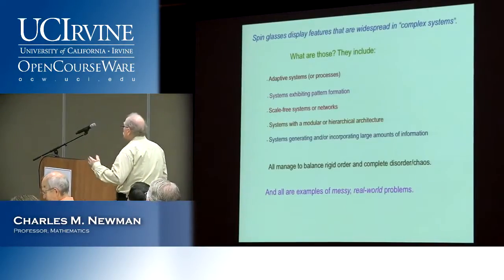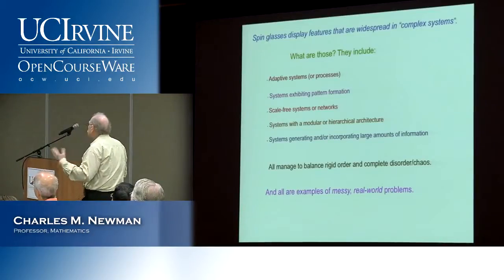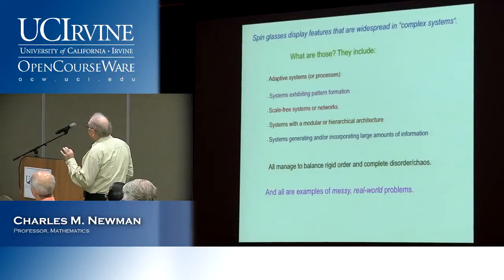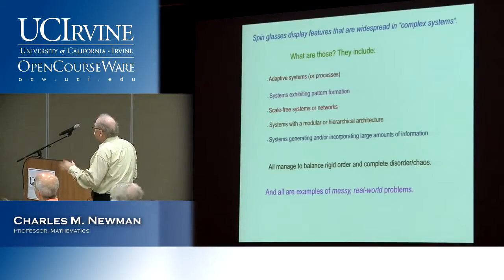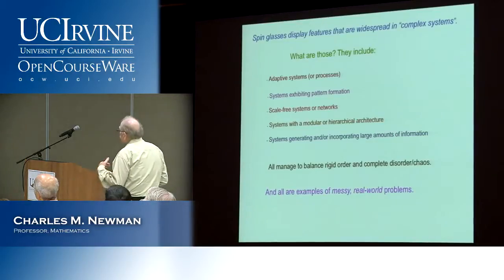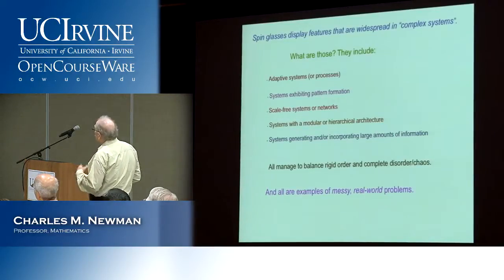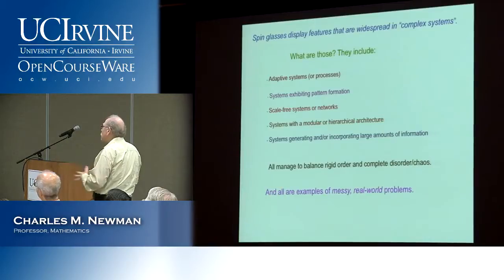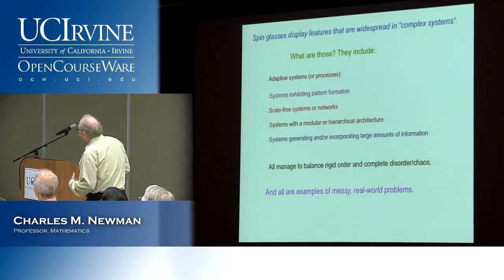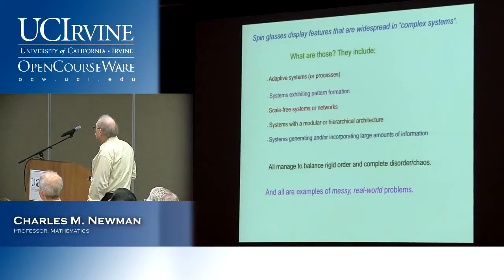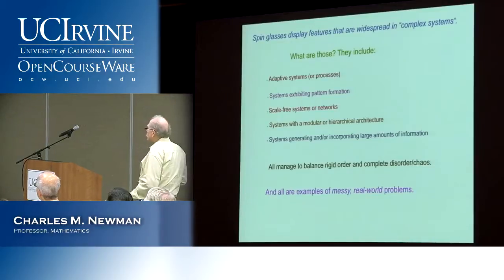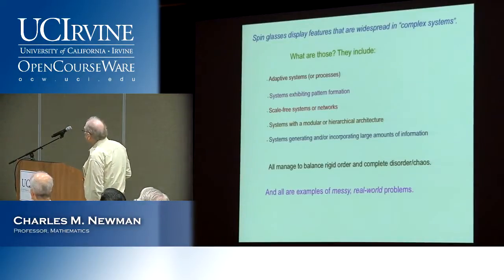So the story that I'm trying to present is that spin glasses display features which are widespread in various kinds of complex systems, such as adaptivity, pattern formation, scale-free networks, scale-free properties, hierarchical structures, and systems that generate or incorporate large amounts of information.